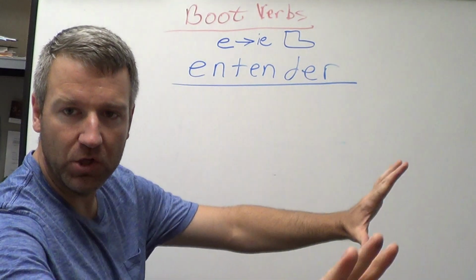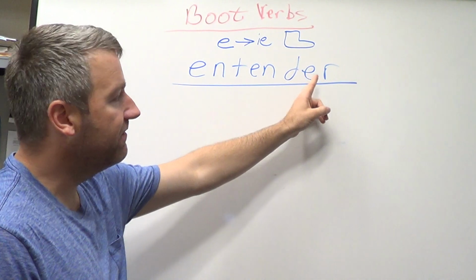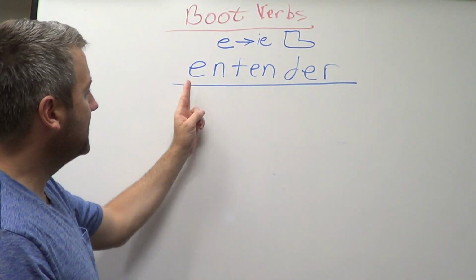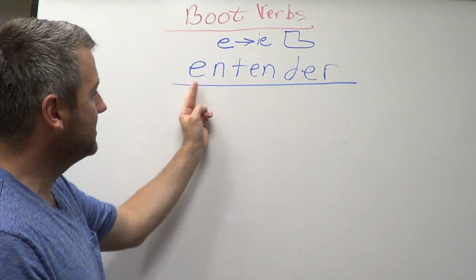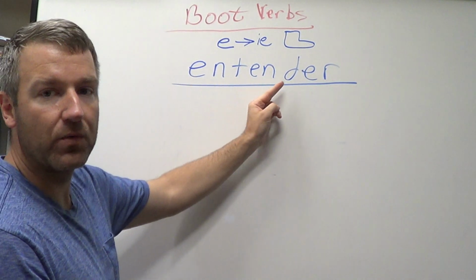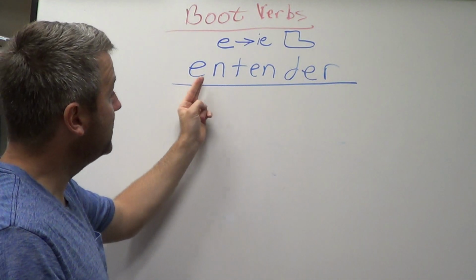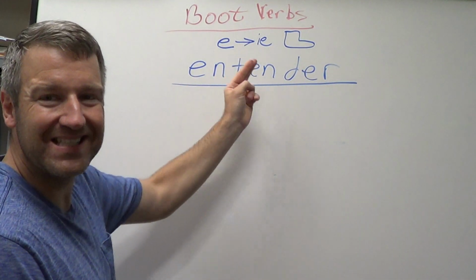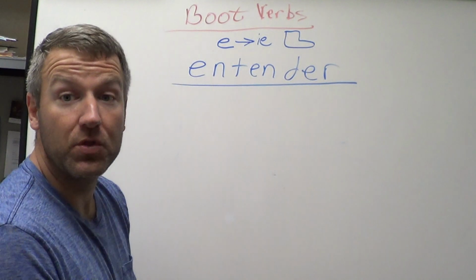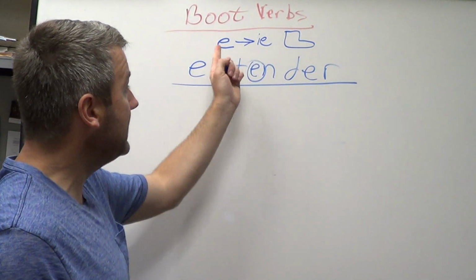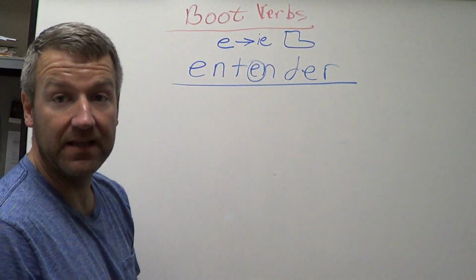Well, exclude automatically the E from the ending, because that has its own pattern, right? So you've got 2 E's left in that stem of the verb, in that root right there. So anytime that is the case and you've got 2 E's, it's always going to be that second E that would go through the change. So it's going to be this one that's going to go from an E to an IE in the boot.